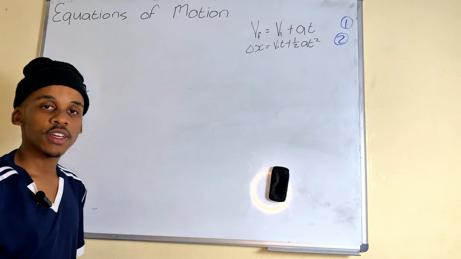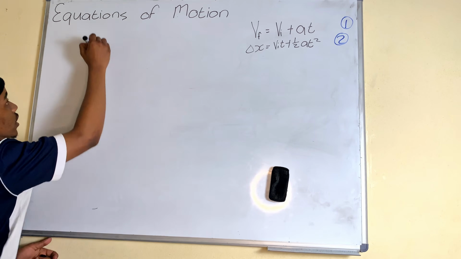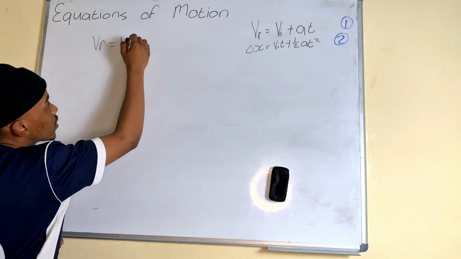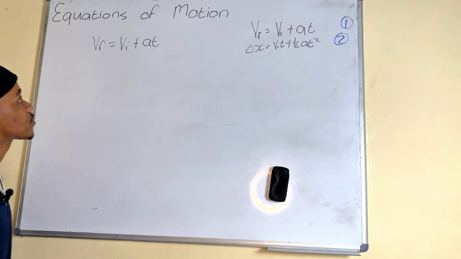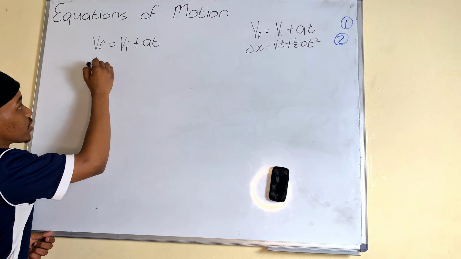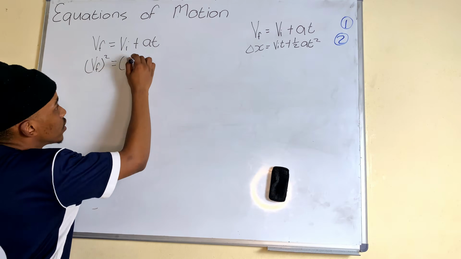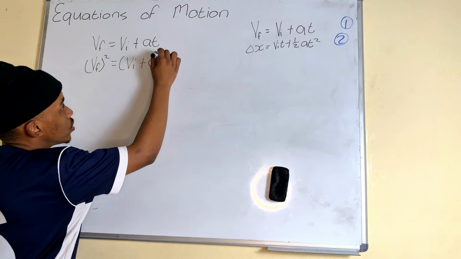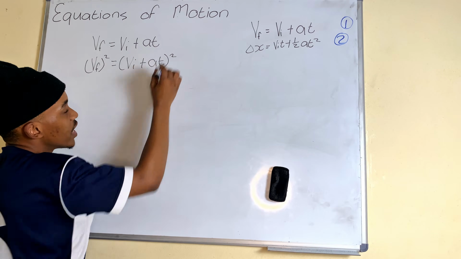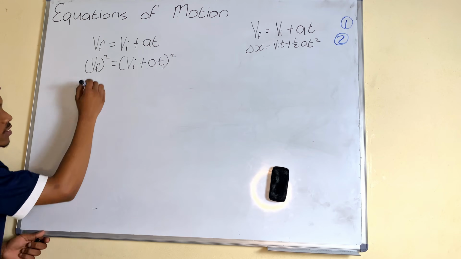To solve for the third and final equation of motion, let me write down the first equation over here, v final equals vi plus at. If we square both sides of the equation, this will give us the final velocity squared is equal to the initial velocity plus acceleration multiplied by t, where everything is squared. And so we can just drop the brackets here.